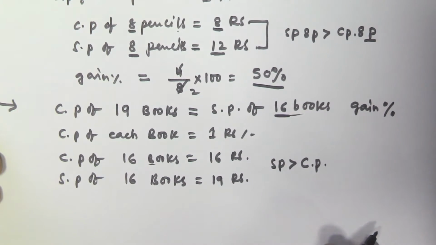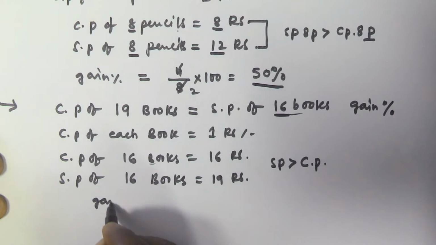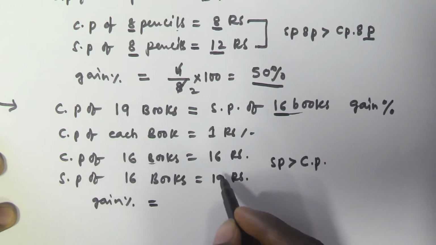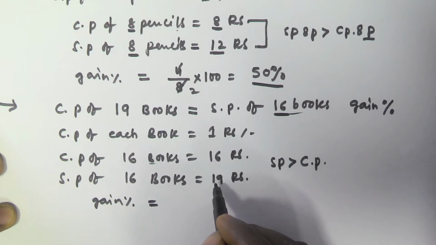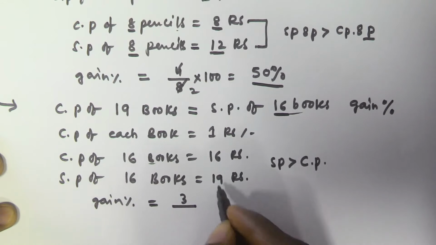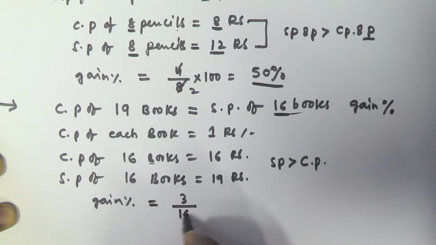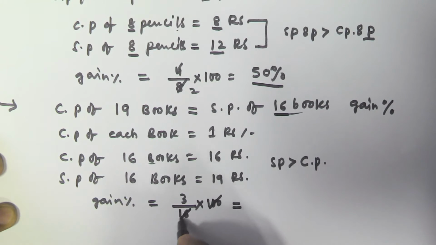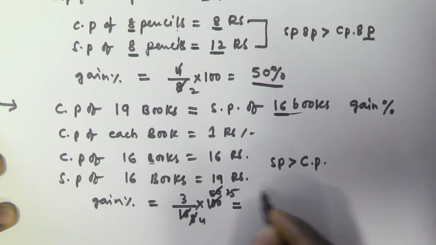So the gain percentage is equal to gain by cost price. What is the gain? For 16 rupees he is selling for 19, so the gain is 19 minus 16. That is 3 by 16, into 100. This comes to 75 by 4.